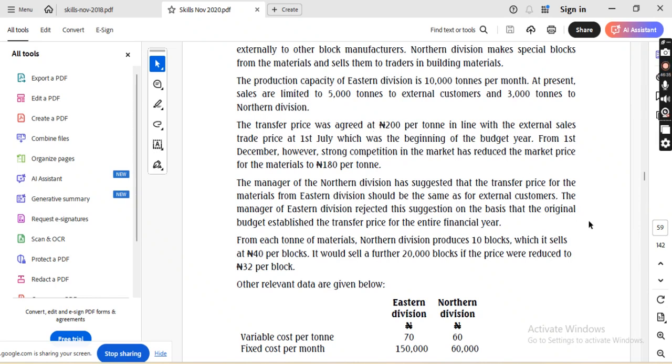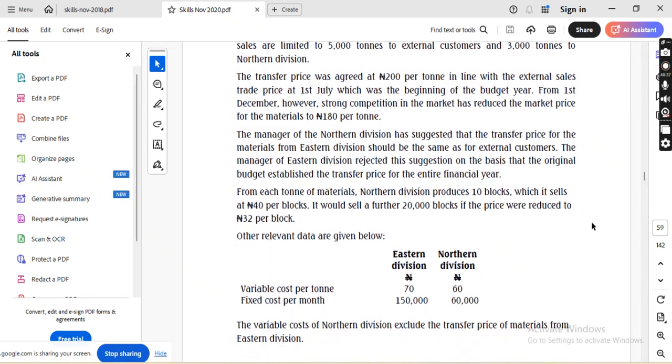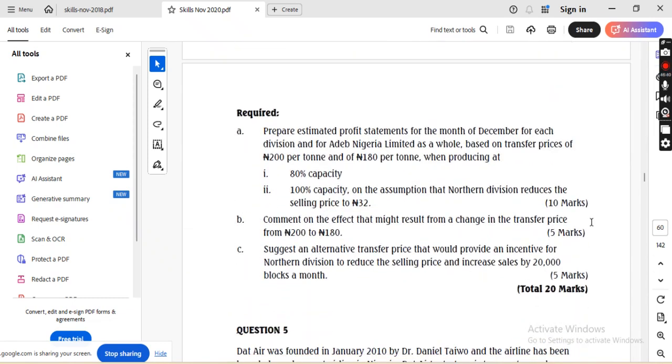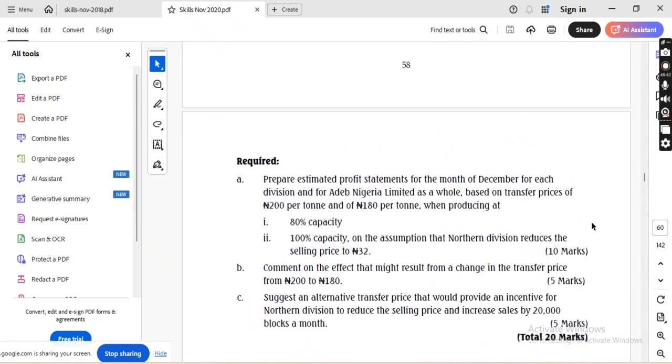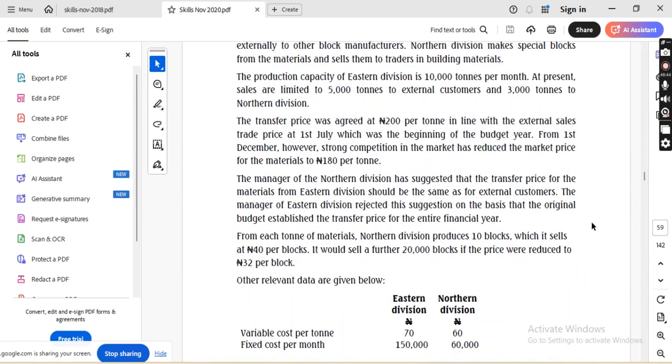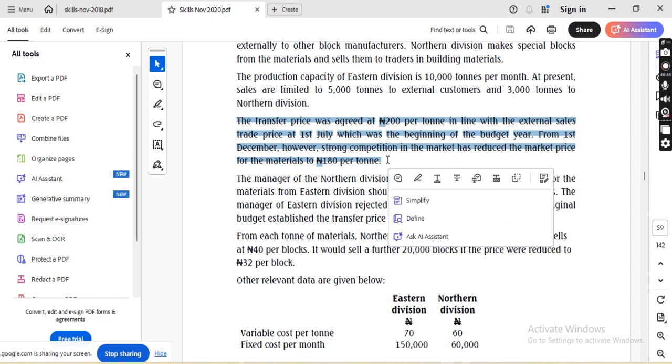Now, another thing we should also observe here, let me pick it up from this part. The transfer price was agreed at 200 naira per ton, in line with the external sales trade at 1st July, which was the beginning of the budget year. Right? So the transfer price initially is 200.